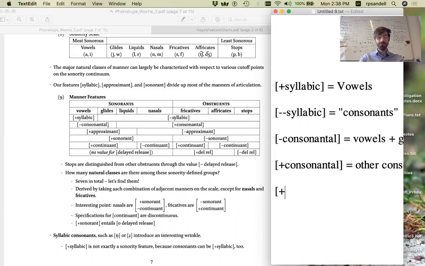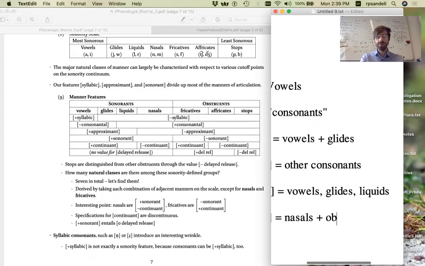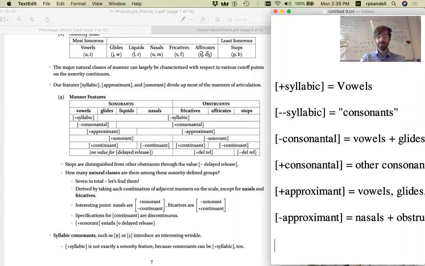We then mentioned we have the approximants, which include the vowels, glides, and liquids. And the other sounds which are not approximant, so nasals plus obstruents. Nasals and obstruents give us the non-approximant sounds.